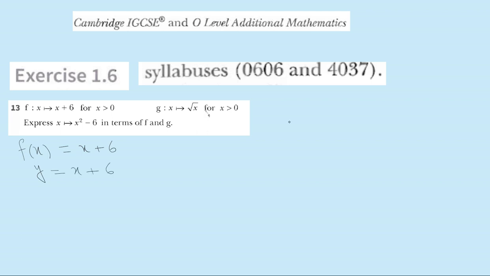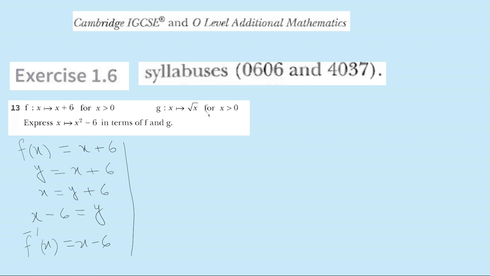The second step is to interchange x and y, so x is equal to y plus 6. The third step is to make y the subject of the given formula, meaning separate y. The next step is to replace this y by f inverse x. So f inverse x is x minus 6. This is f inverse x.